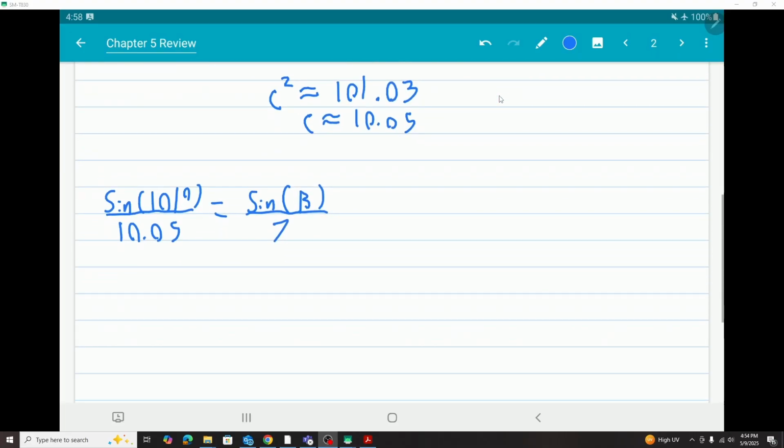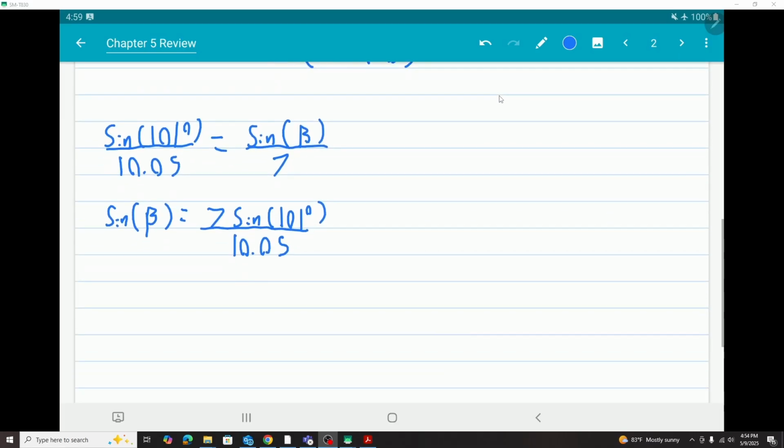And now we're going to find beta. So move things around. Sine of beta is 7 sine of 101 degrees divided by 10.05. Solve this guy for beta.